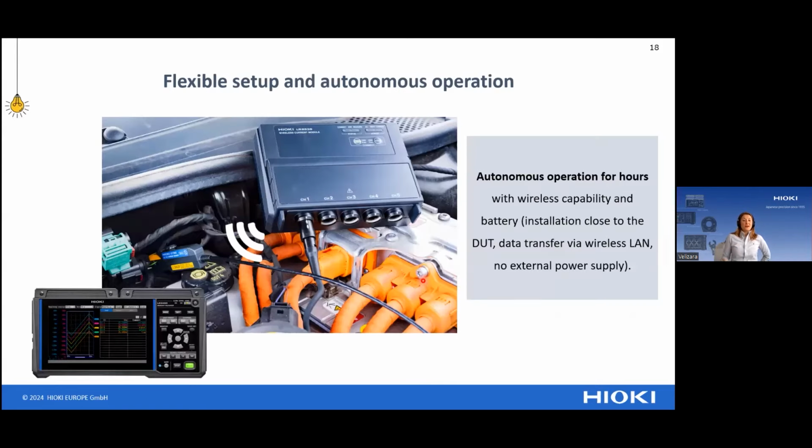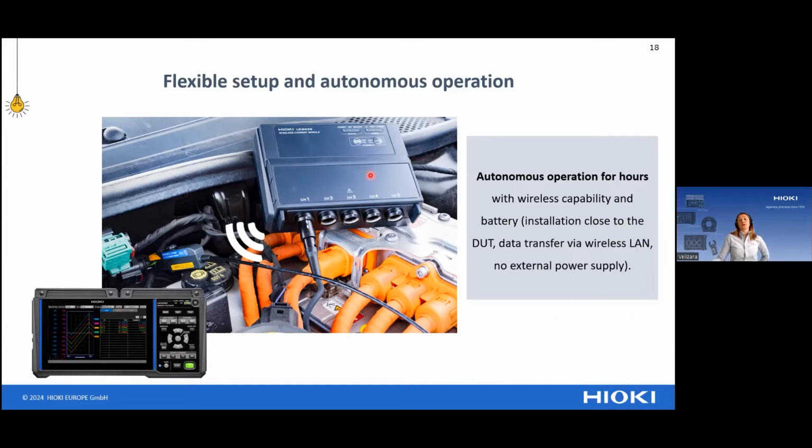The last challenge I mentioned was the autonomous operation and the remote working modes. The data logger and the modules can operate on batteries. This means we have the possibility to have a power supply, of course, but you can also use batteries. You can fit 2 battery packs inside the logger and 1 inside the wireless module.